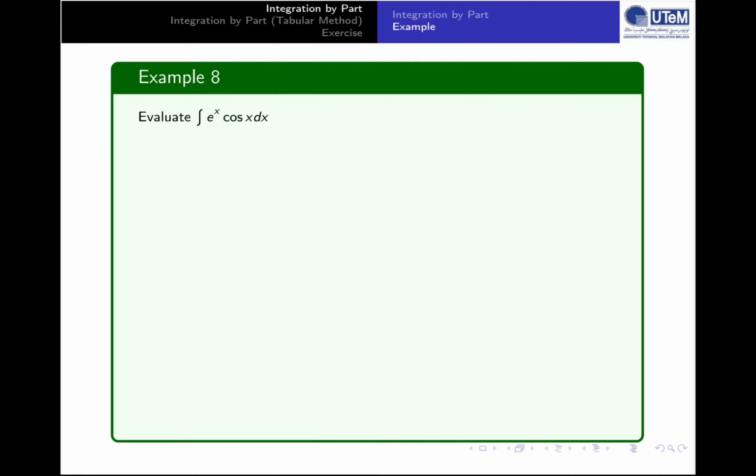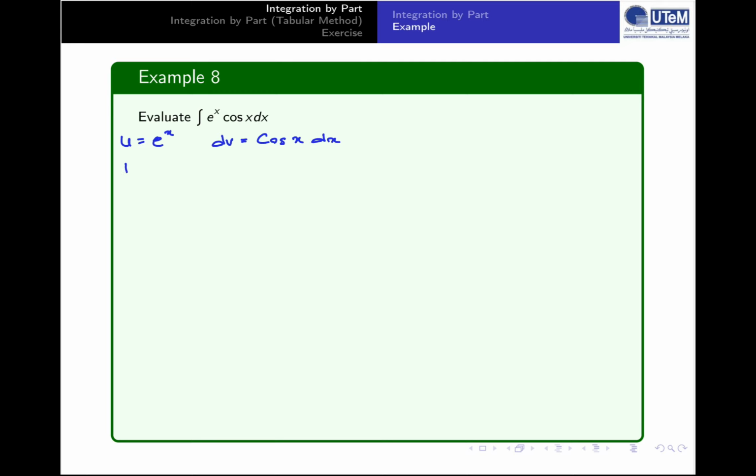Now look at example 8. We want to evaluate the integration of e^x cos x dx. In this case, we choose u equal to e^x. Of course, dv equals cos x dx.